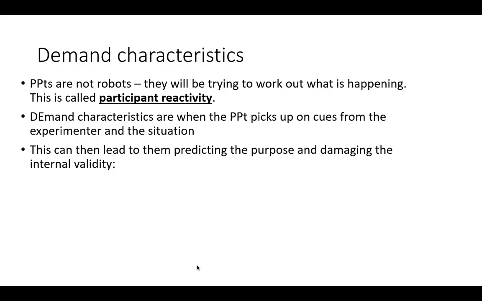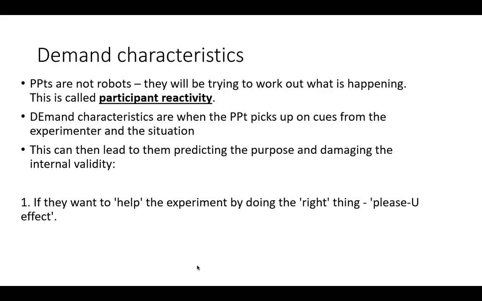This can lead to two serious problems. Number one, if they want to help the experiment by doing the right thing, i.e. doing what the experimenter seems to want them to do, then they will change their behaviour. Now, if you change your behaviour, that's not natural behaviour, your results immediately lose validity. This is called the please you effect.